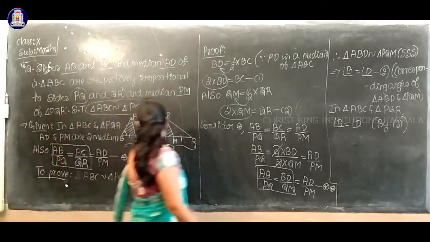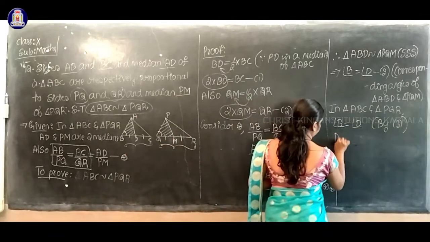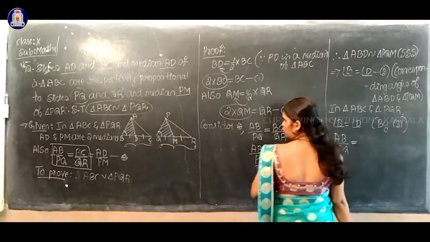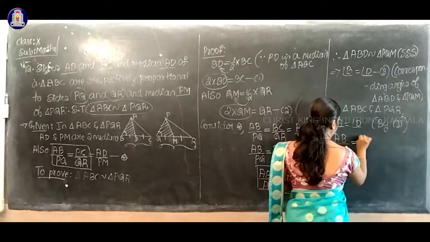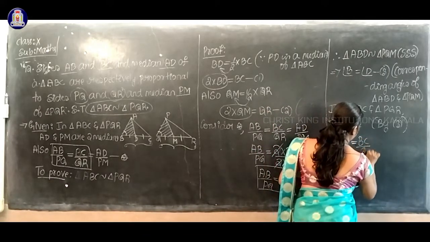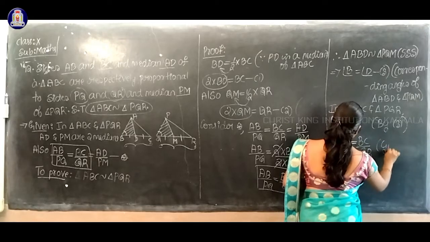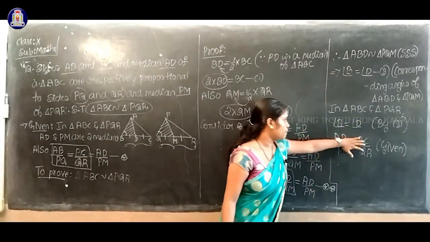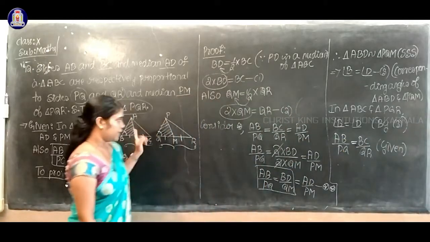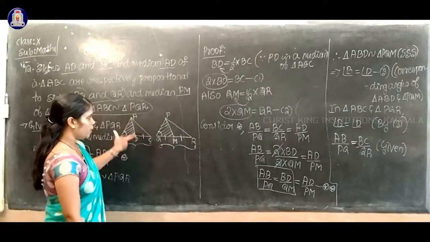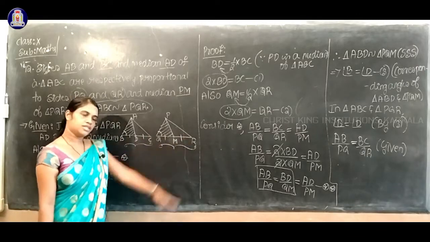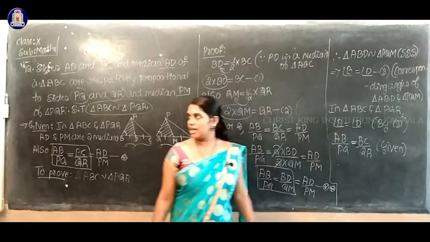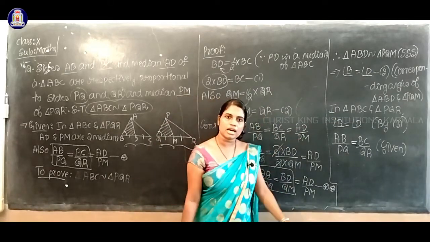AB by PQ equal to BC by QR. This is already given in the question, isn't it? You just compare it with your triangle, AB by PQ, BC by QR. So therefore, by using these two concepts, can I say the given two triangles are similar?